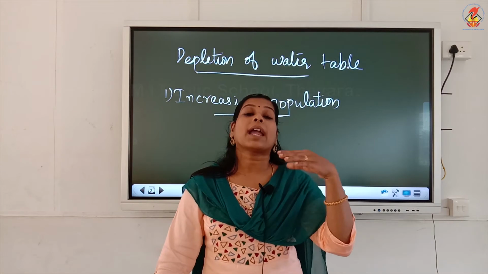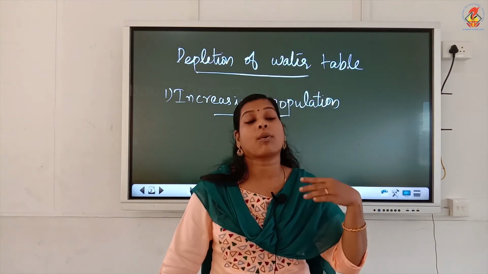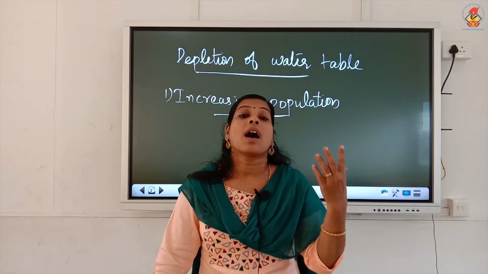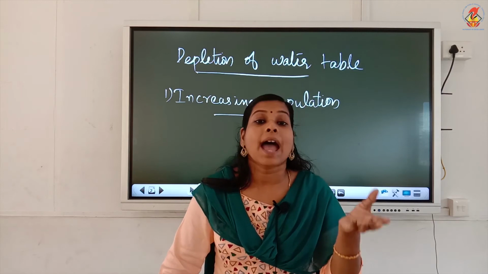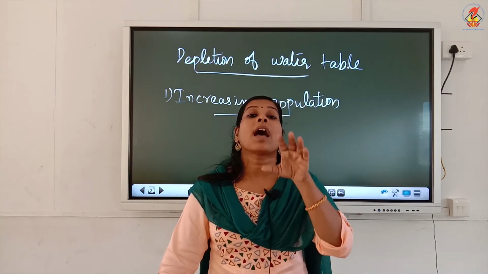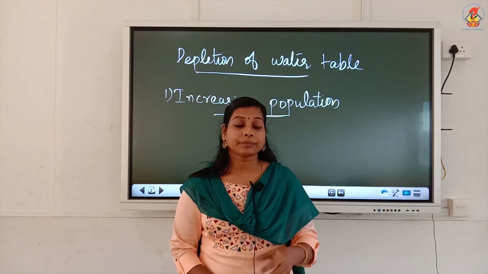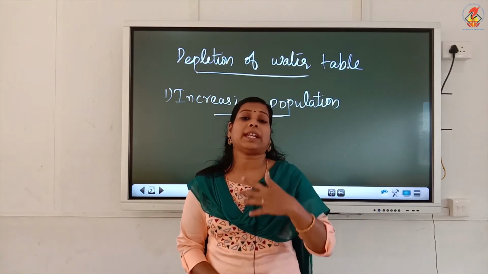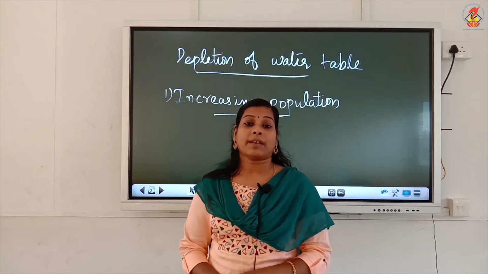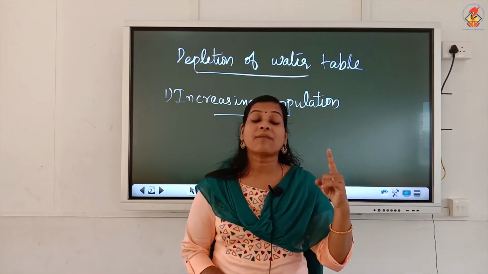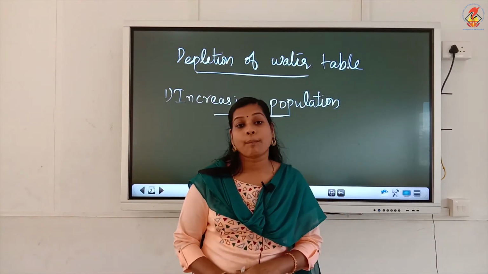So, on one hand we depend more on groundwater to satisfy our needs, and on the other hand we allow less water to go into the land. So, this definitely depletes the water table. So, one factor for the depletion of water table is increasing population.